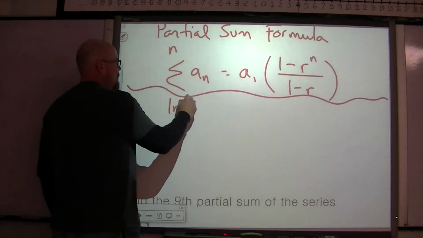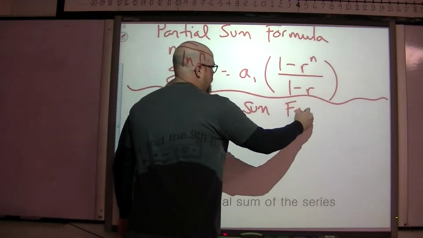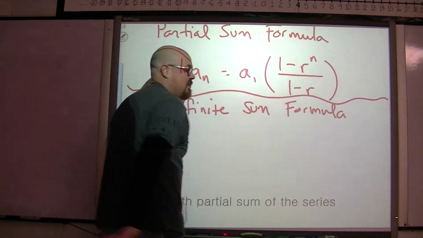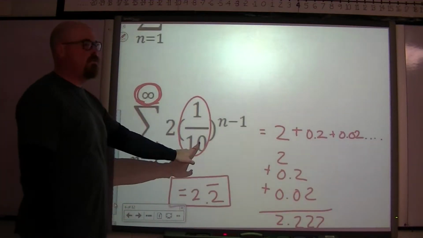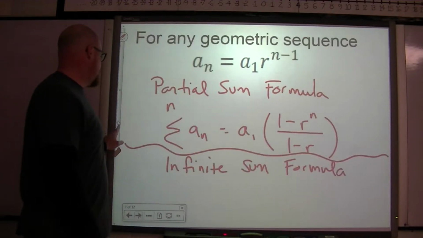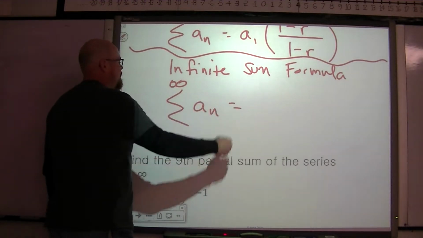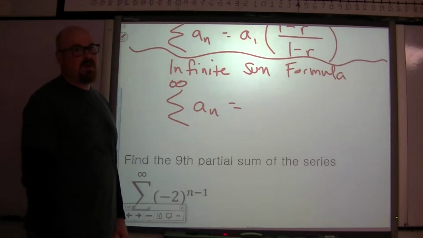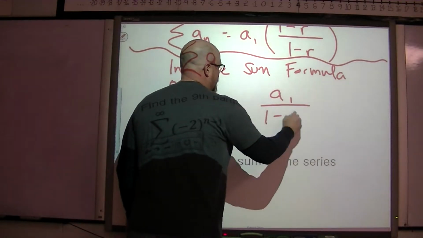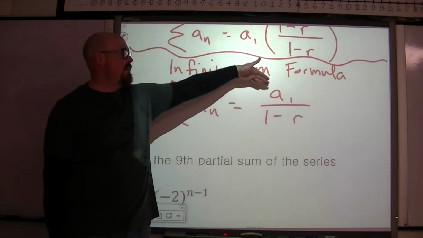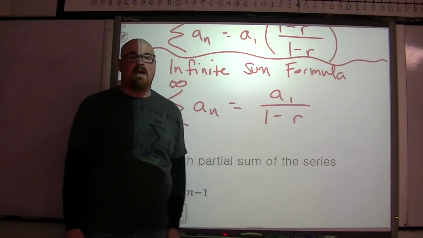In infinite sum, remember, this is only possible with geometric series, and it is only possible with geometric series where that common ratio is between 0 and 1. A much simpler formula. So if we're doing the infinite sum of some geometric series, it doesn't matter what term we're starting with, this is equal to a much simpler formula where we take the first term and we divide that by the difference of 1 and the common ratio.